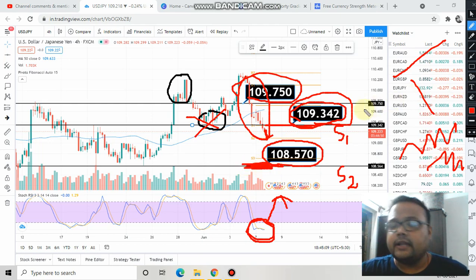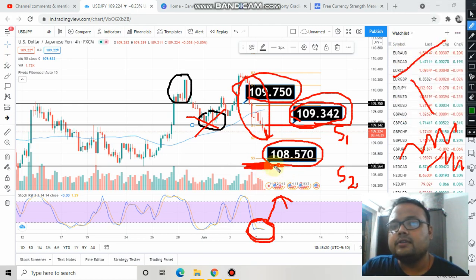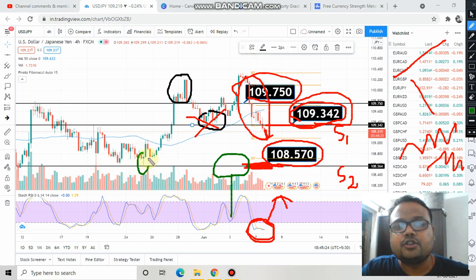On the other hand, if the market comes down to the 108.57 level, observe the price and see how it reacts. If you see that the price has taken support at this level, and you see candlestick patterns like a hammer or price rejection from below, then you get the confirmation that 108.57 is a valid support.